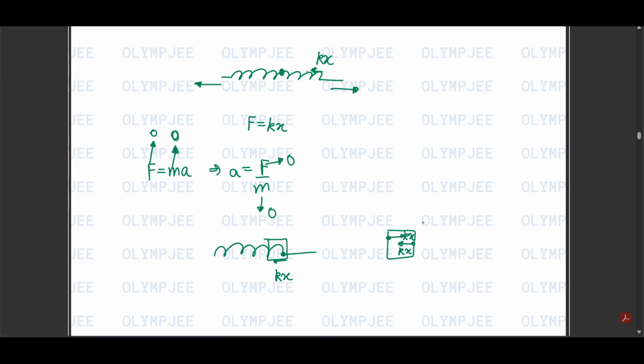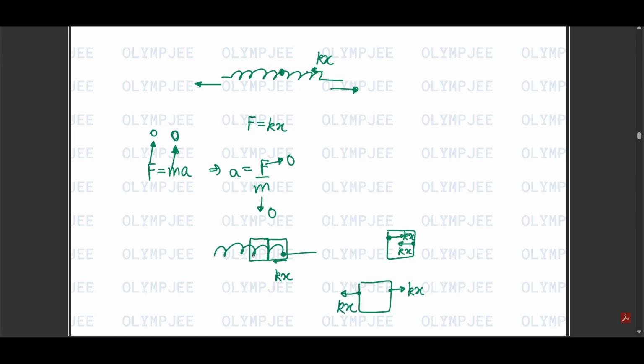Since the net force must be equal to 0. So here it is kx. That means that if I take this element, on this wall we know that the kx is in this direction. So here kx must be here, right?